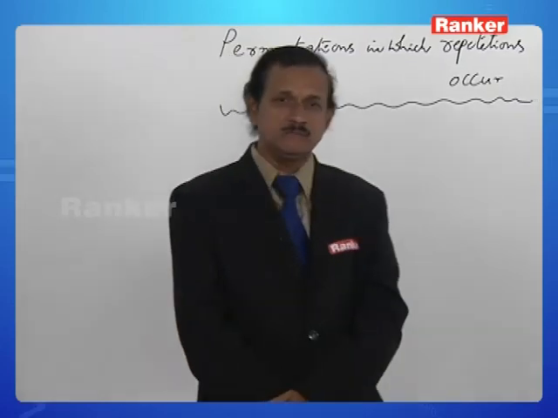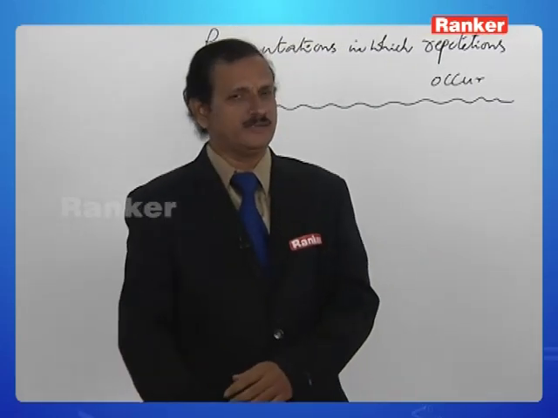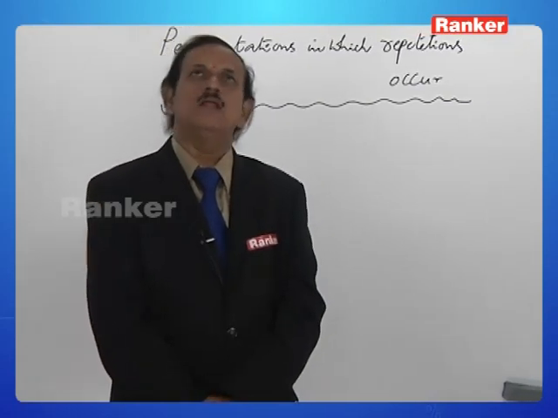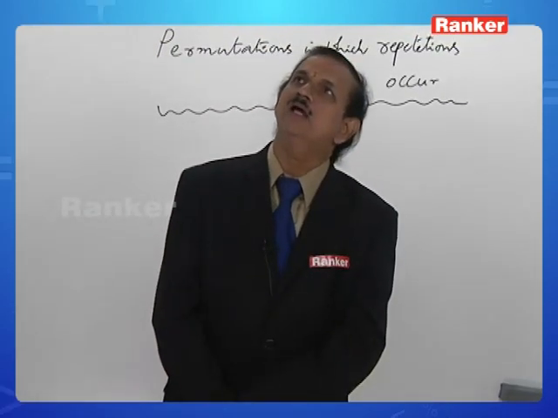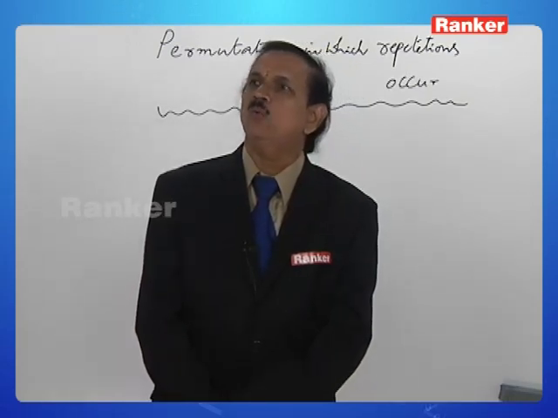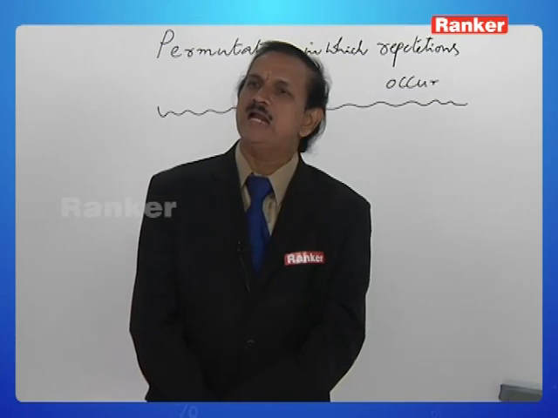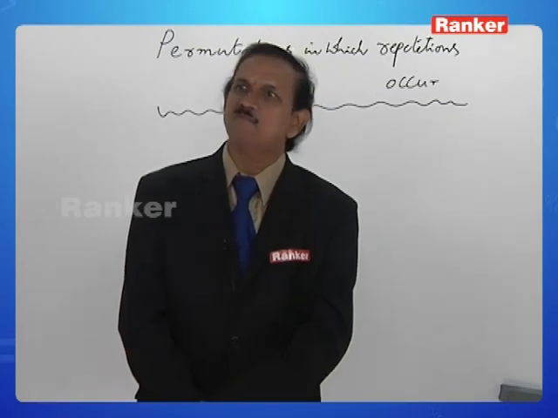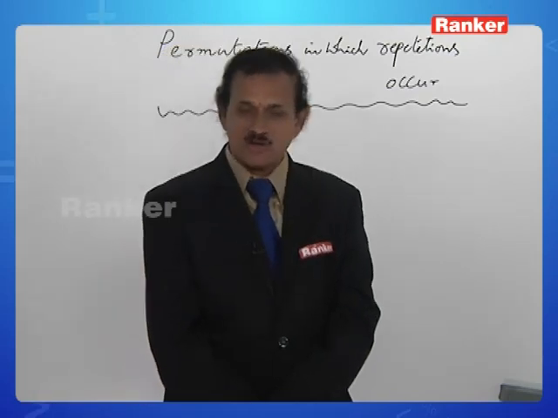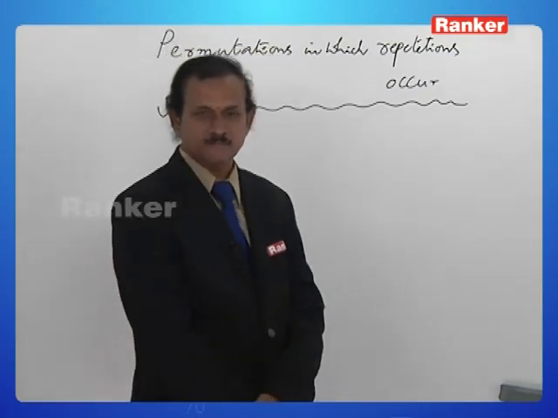For such problems, in the textbook some formula, say n power r, will be given. And an average student thinks that the formula is n power r, where in general n is greater and r is smaller, so the smaller number comes to the exponent place. I'm sorry to say that it is the wrong way of thinking.